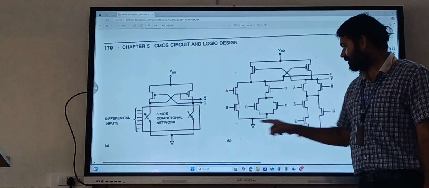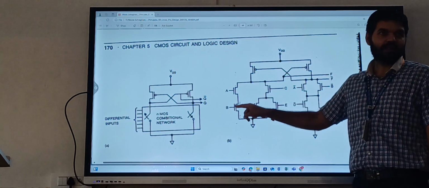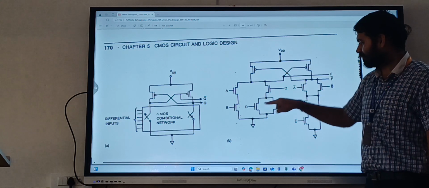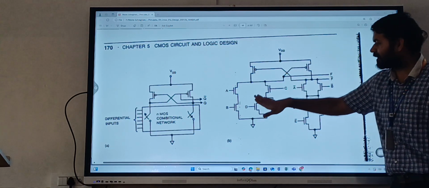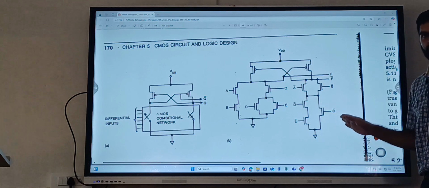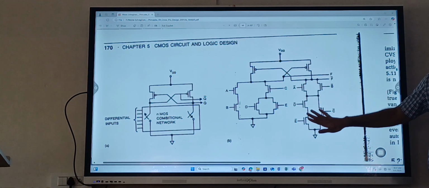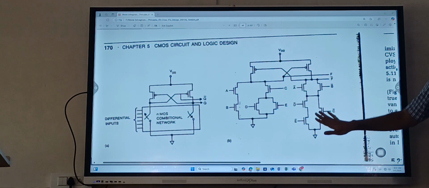What is this one? Again the same logic: A into B plus C into bracket D plus E, whole bar. Now if you observe the right hand side, the structure looks like a PMOS structure, but it is not PMOS. It is NMOS.